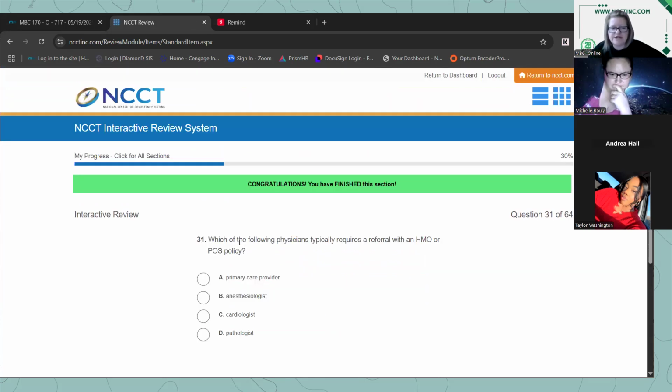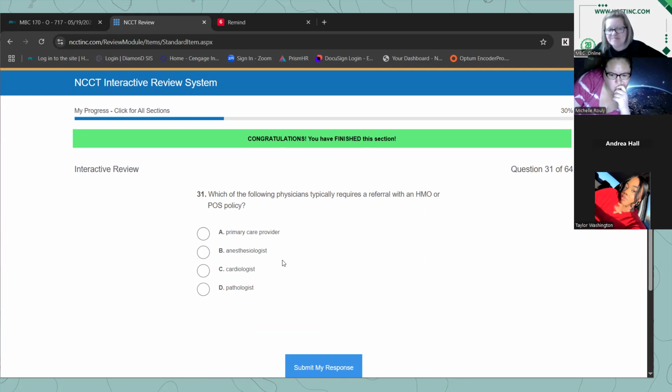All right. Which of the following physicians typically require a referral with an HMO or POS policy? A. Primary care. B. Anesthesiologist. C. Cardiologist. Or D. Pathologist. Cardiologist. That is correct. It's going to be C. Generally, your primary care, of course, is not going to require a referral.